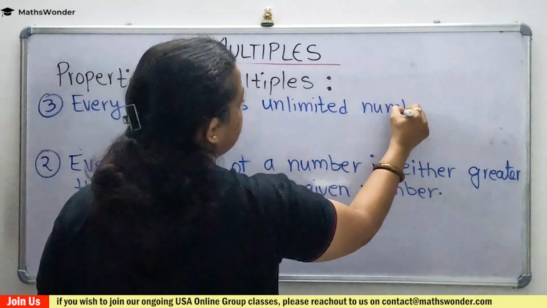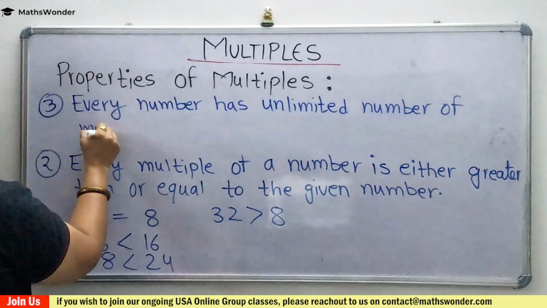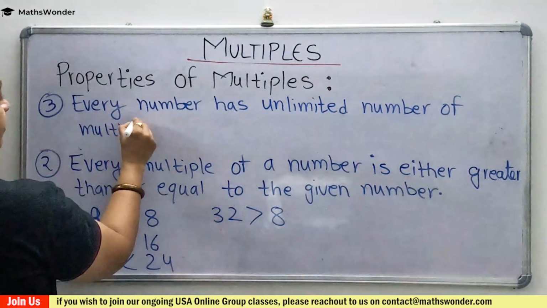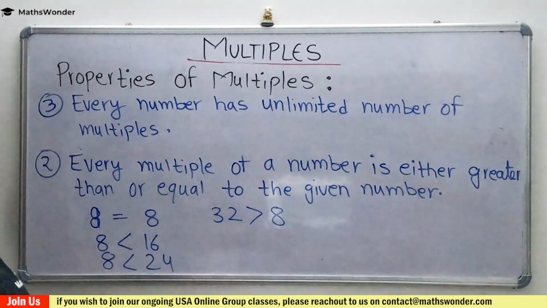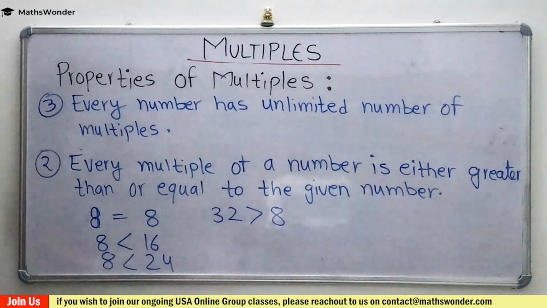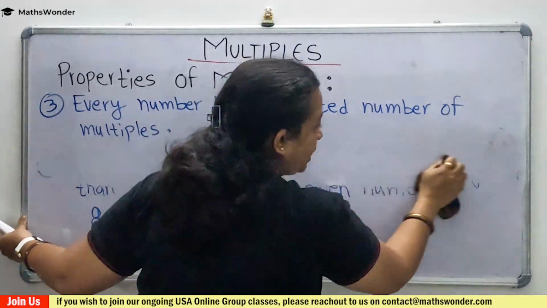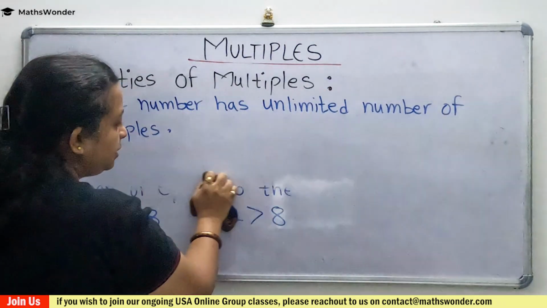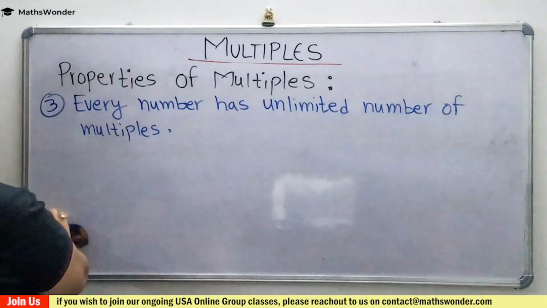As you know, multiples will never end. Suppose 8: continue, the process will go on, there is no end. So factors are limited, but multiples are not limited. They are infinite.